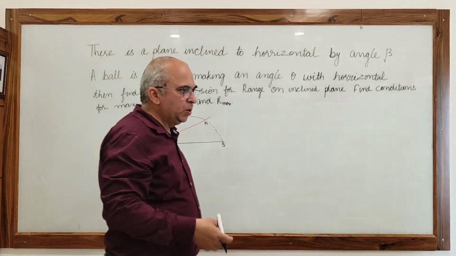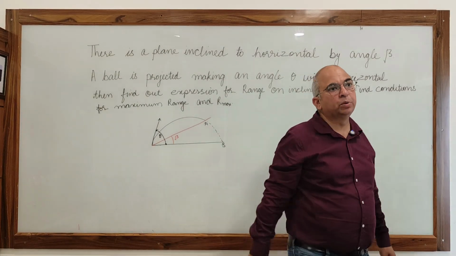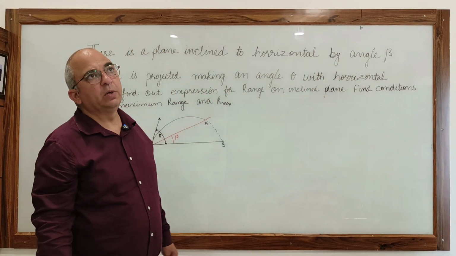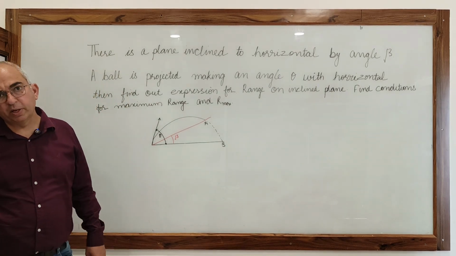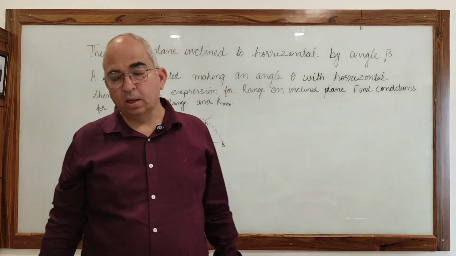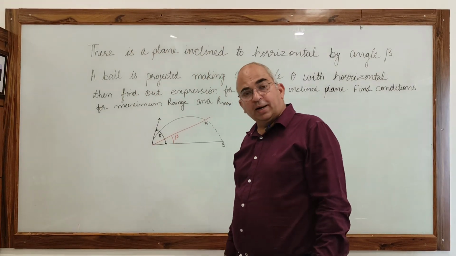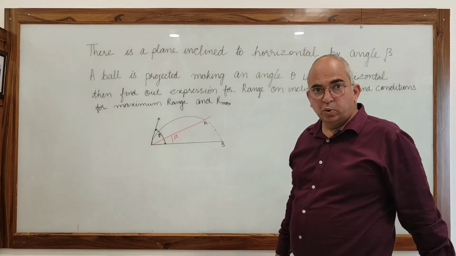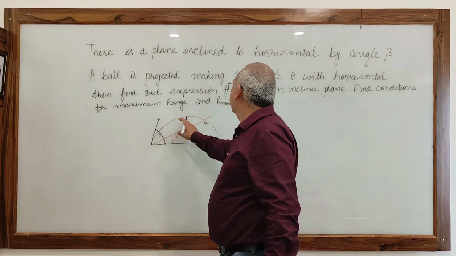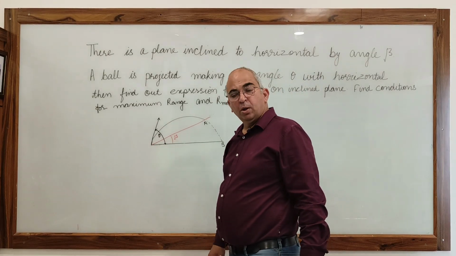We are using the three equations of motion. Here we have the options of using v square minus u square equals 2as and s equals ut plus half at square. We are going to neglect v square minus u square equals 2as because it is not possible to find the final velocity along this direction.